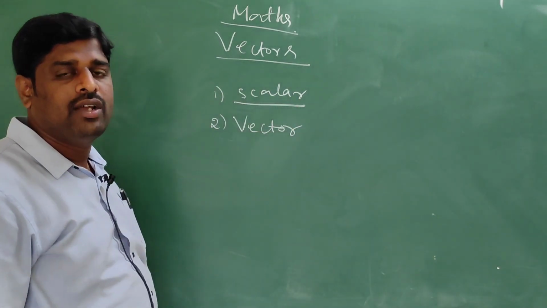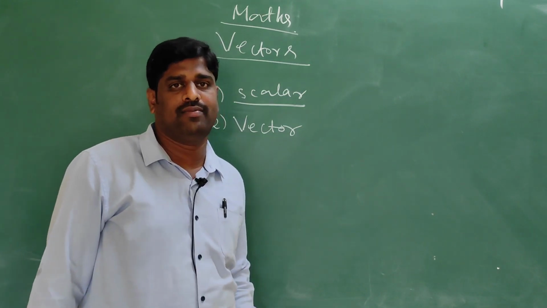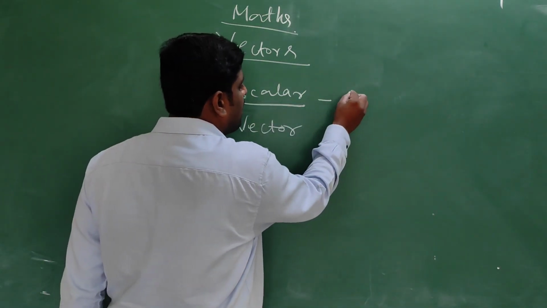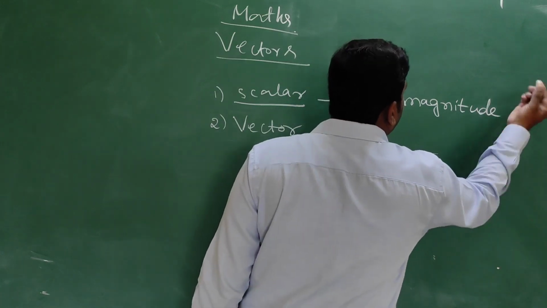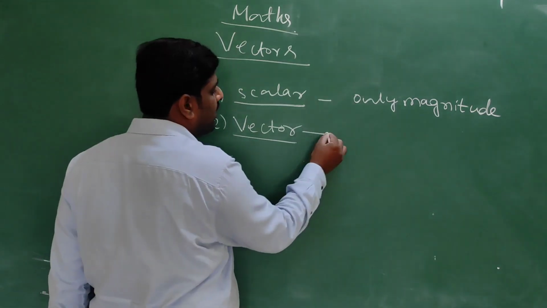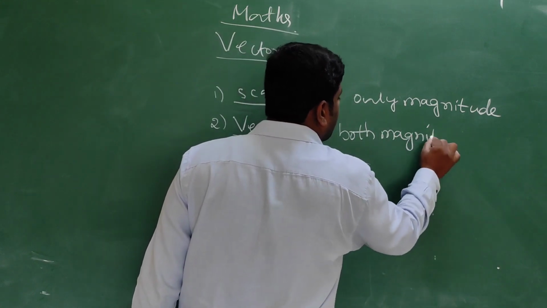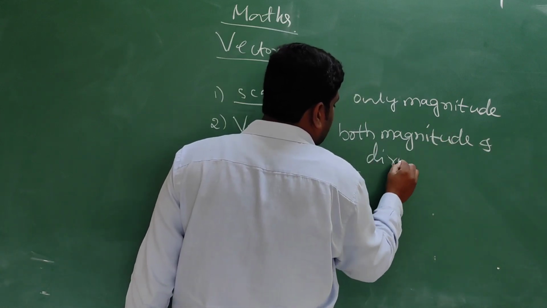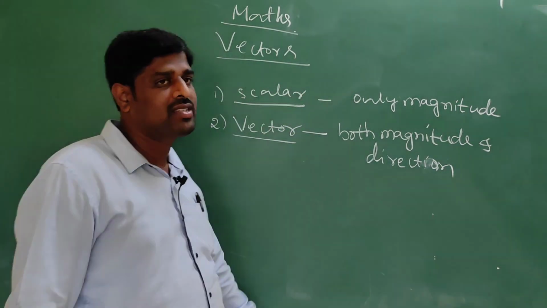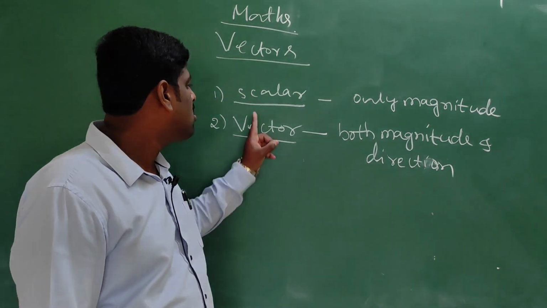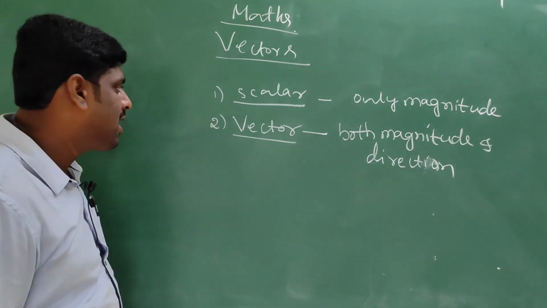Scalar means a physical quantity having only magnitude. Magnitude here means strength. But a vector is a physical quantity having both magnitude and direction. That is called a vector quantity.